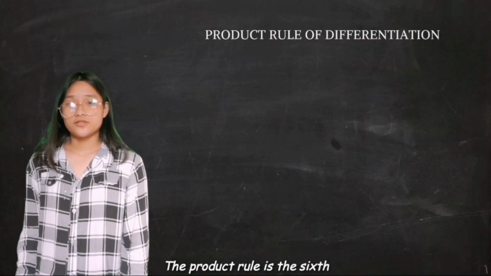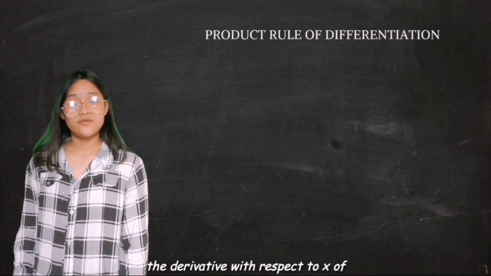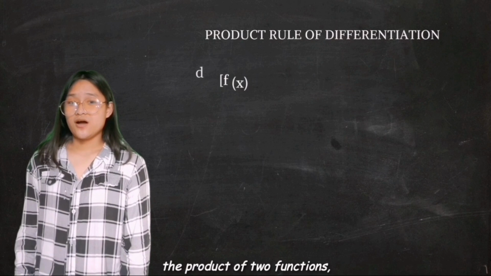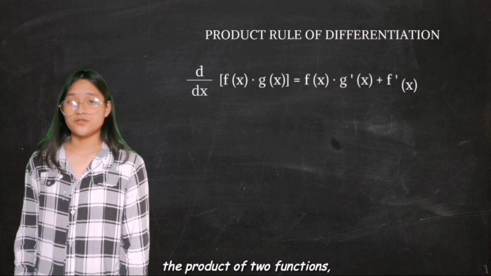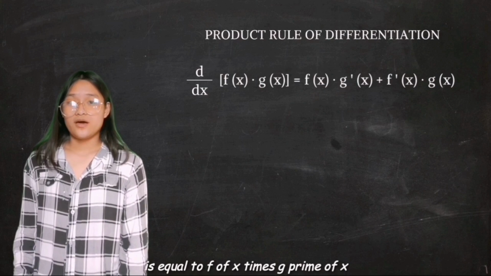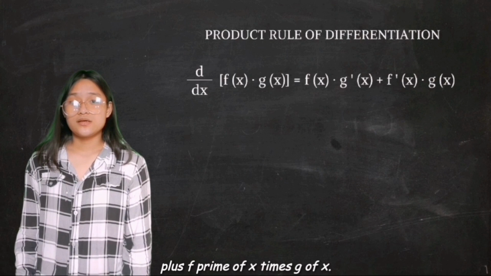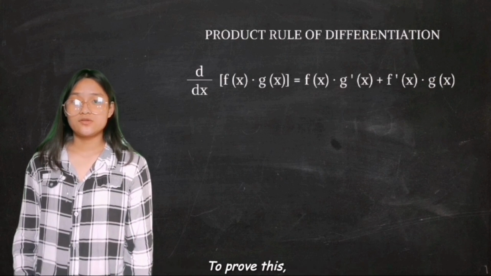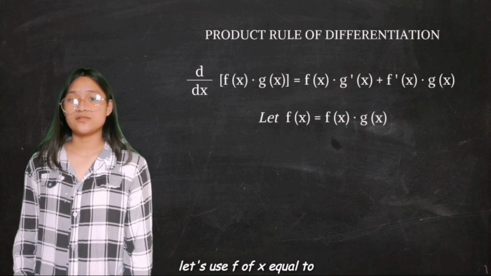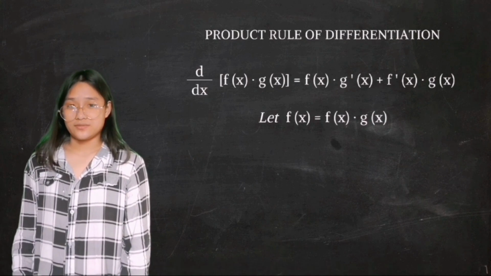The product rule is the sixth theorem of differentiation that says the derivative with respect to x of the product of two functions f of x times g of x is equal to f of x times g prime of x plus f prime of x times g of x. To prove this, let's use F of x equals the product of f of x times g of x.